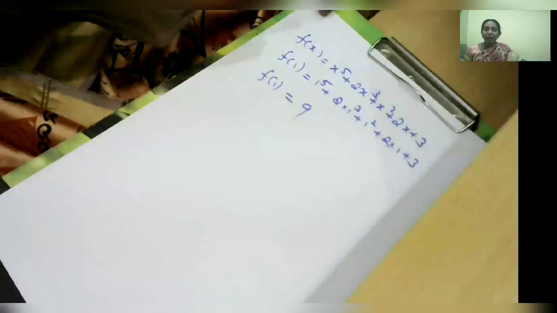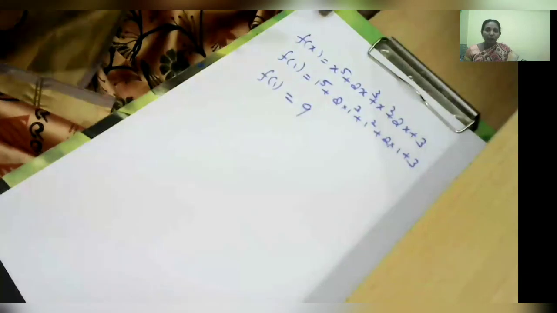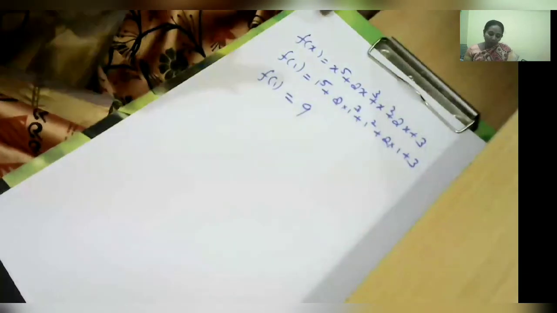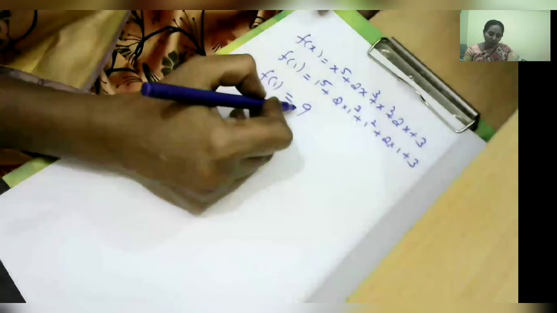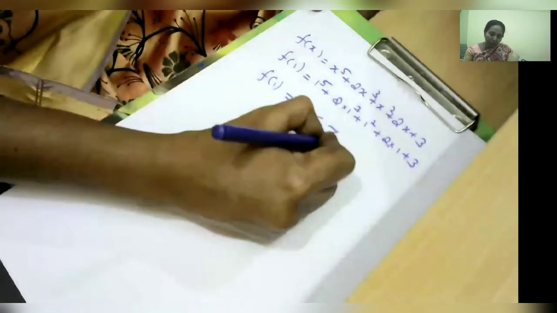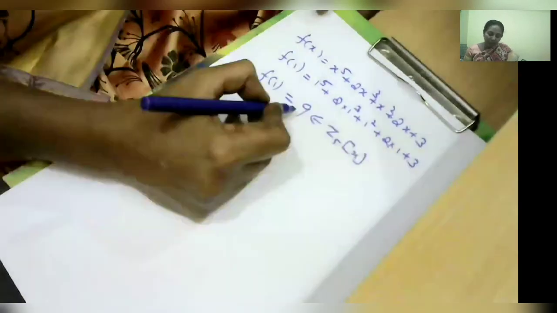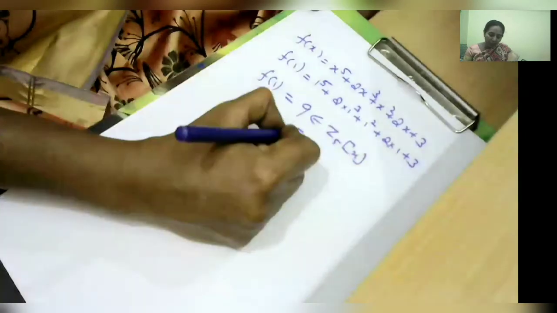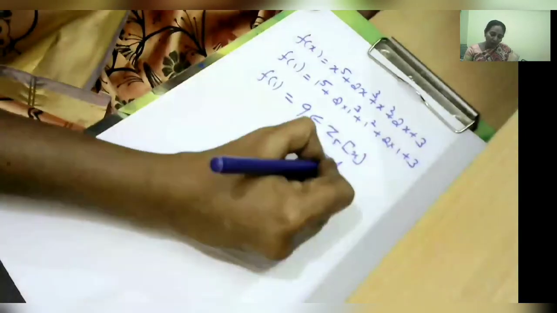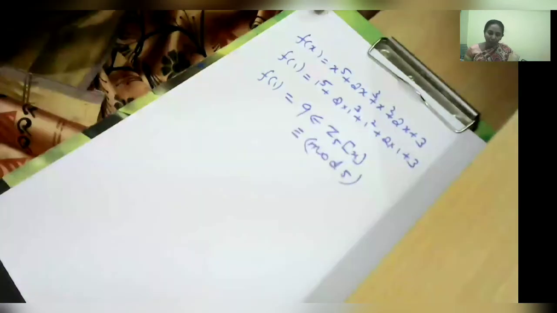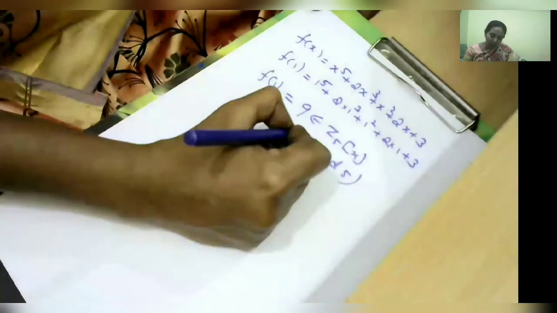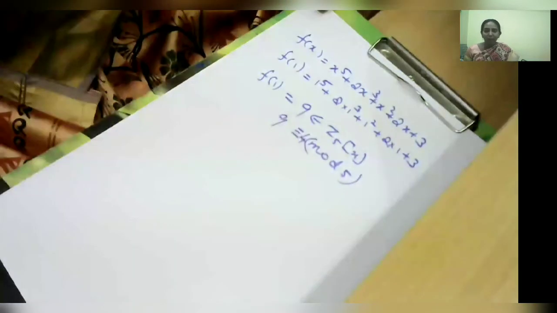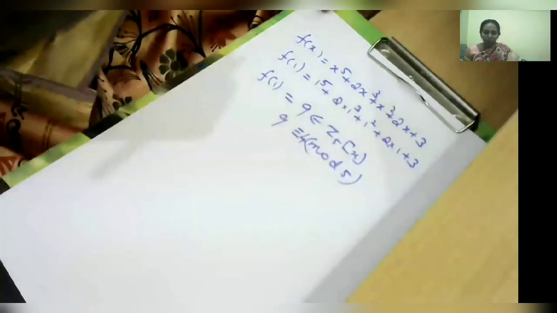But see here, our finite field is Z5. Z5 elements are 0, 1, 2, 3, 4. So 9 does not belong to Z5[x]. Therefore, rearrange it. So this is congruent mod 5. After taking mod 5, 9 is congruent to 4 mod 5. 9 divided by 5, the remainder is 4.